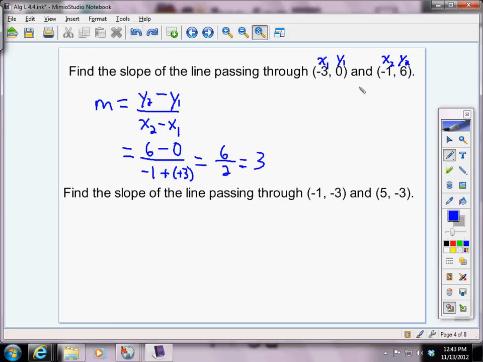Now remember what I told you, it doesn't matter which point is which. So if we change this to x sub 2 and y sub 2, and this to x sub 1 and y sub 1, using the same formula, our y sub 2 is now 0. Our y sub 1 is 6. So 0 minus 6 over x2, which is a negative 3, minus our x1, which is a negative 1.